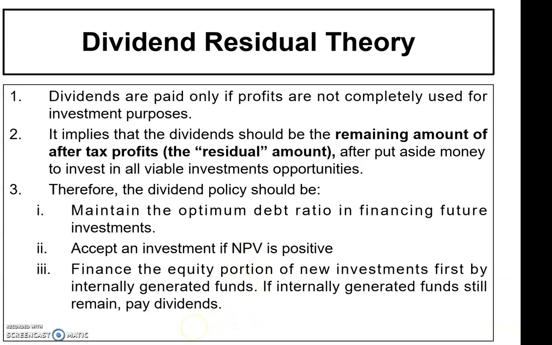However, the balance of the internal fund will be paid as the dividend. If the company needs additional funds, it will go to external financing, as long as the borrowing from external financing is not beyond the optimum debt ratio.